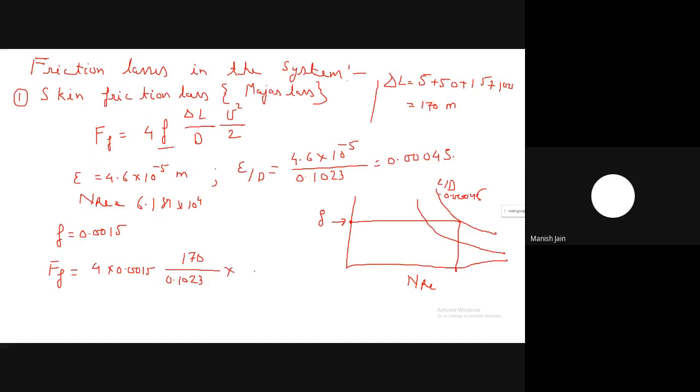Okay, so 0.6083 square divided by 2. Okay, so this is the delta F. It will come as 6.272 joules per kg. Okay, this is the unit of the friction loss.